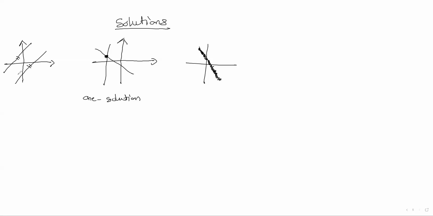When they're like this, there's no solution because they don't intersect. And if they are stacked on top of each other, that's when we have many solutions.